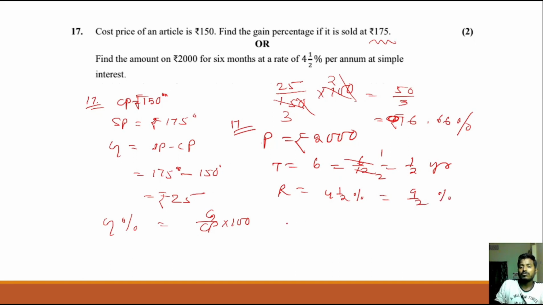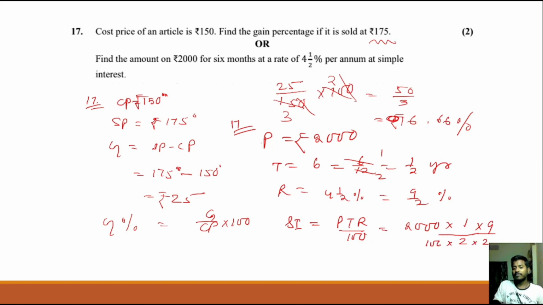So for the amount, first we find the simple interest. The simple interest formula is PTR by 100. Now the value of P is 2000, T equals 1 divided by 2, R equals 9 divided by 2, into 100.